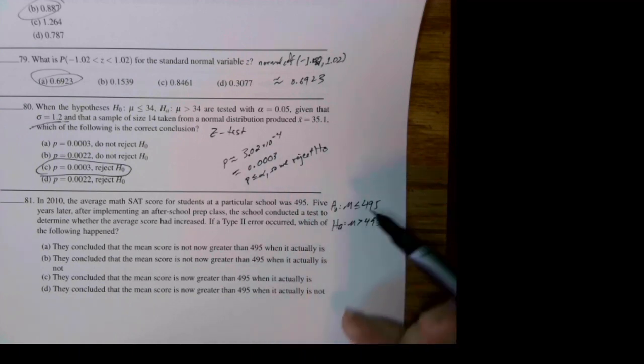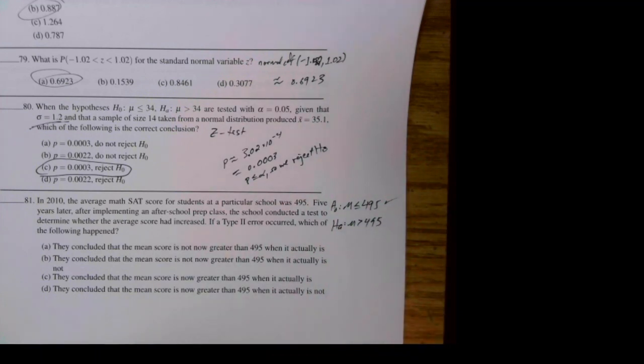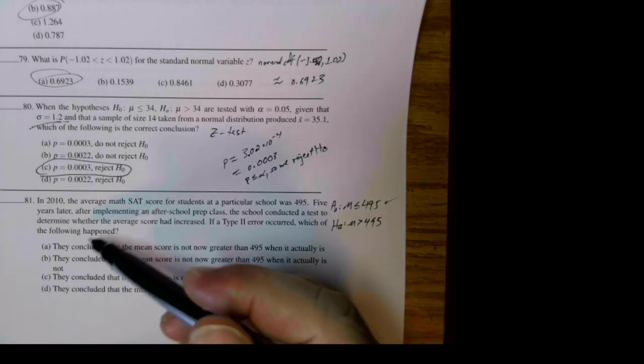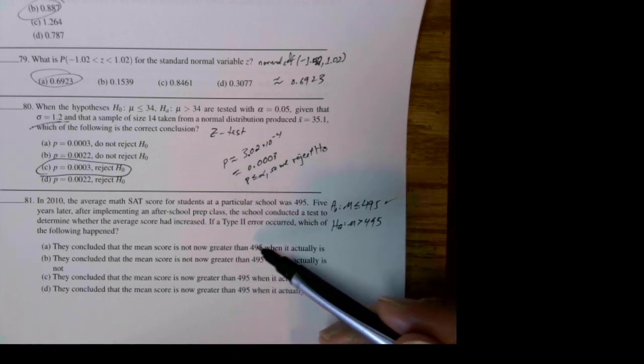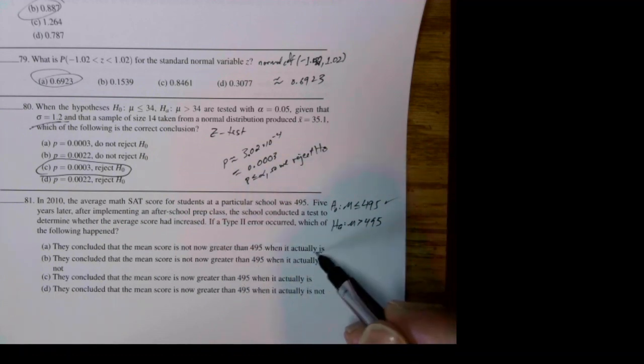If a type 2 error occurred then, they accepted the null hypothesis, even though it's false. They accepted the scores were still less than or equal to 495, even though in fact they had increased. Let's see. They concluded that the mean score is not now greater than 495, when in fact it is. Okay, that's the one.